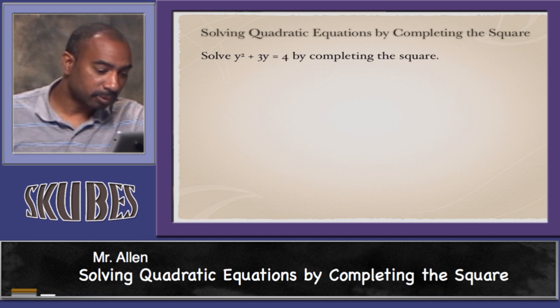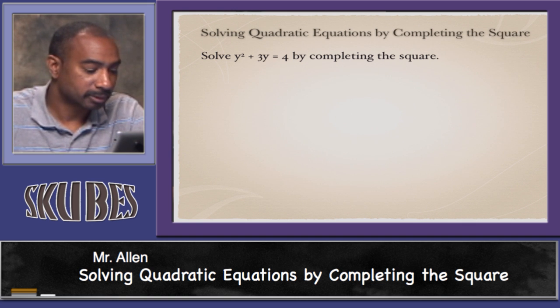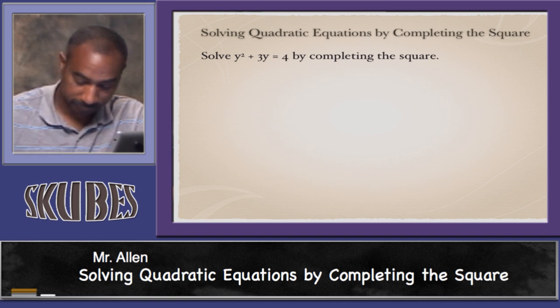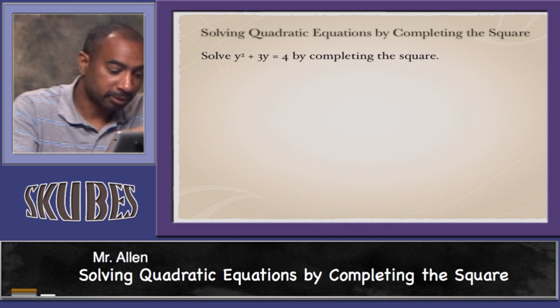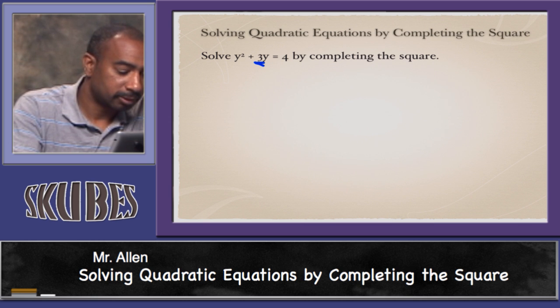All right, solve y squared plus 3y equals 4 by completing the square. Here's another example where we have an odd linear coefficient. So you're going to do the same thing. You take 3 divided by 2 and then square the result.